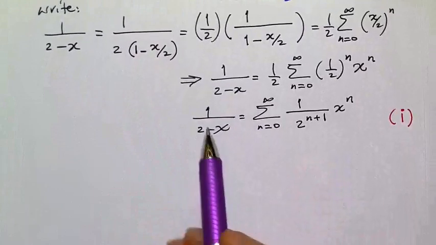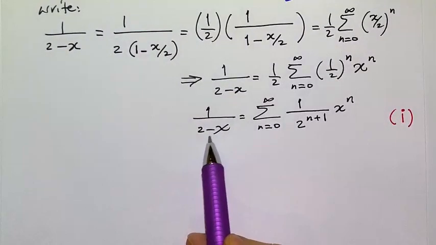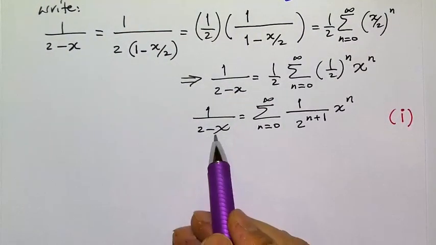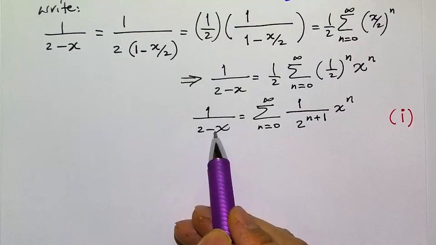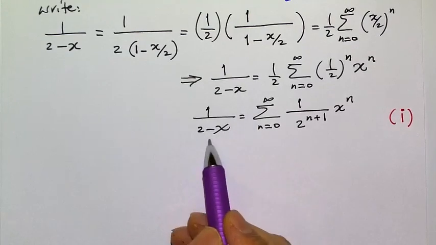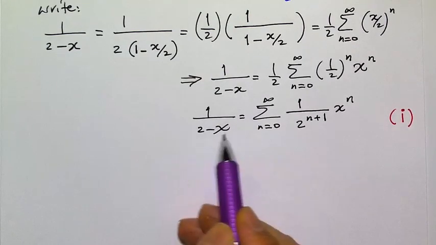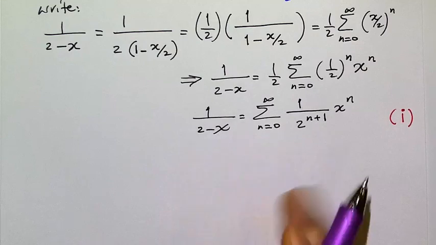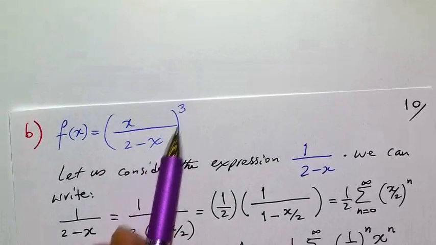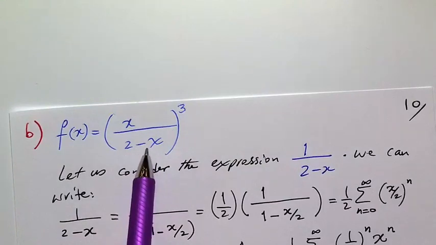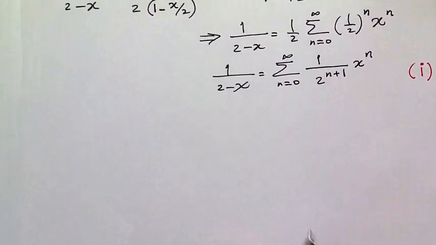Right now we have quite a ways to go. This is just 1 over 2 minus x. So if we differentiate the left side, we're going to get 2 minus x squared, at least, in the denominator. And that is a little bit closer to 2 minus x cubed, which is what we have here. So let's do that.